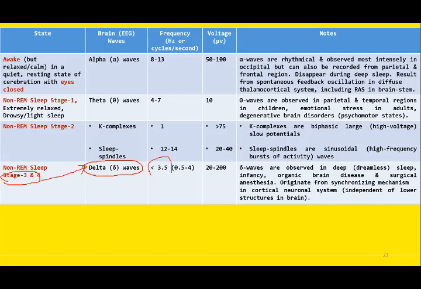You can see the frequency is almost close to 0.5 hertz, but the characteristic feature of this delta wave is its high amplitude. If you compare the amplitude of delta wave with the rest of the waves, you can see a significant difference. The amplitude can rise as high as close to 200 microvolts.